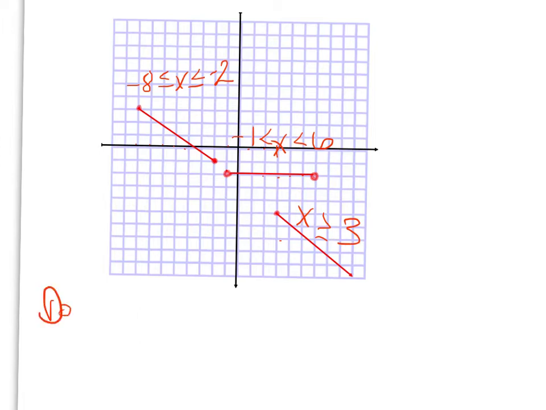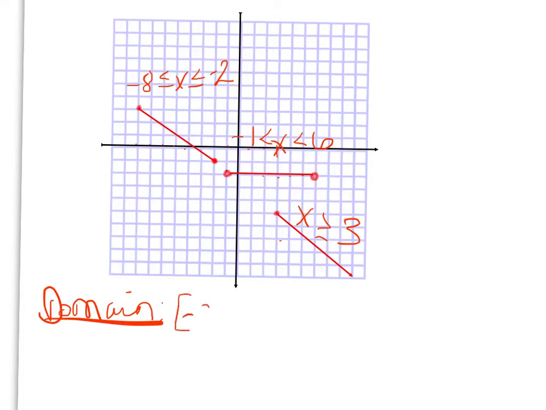So analyzing this to find my whole domain, it looks like I can have x values that are between negative 8 and negative 2. And then it also looks like I can have x values that are greater than negative 1 and anything greater than 3. So I'm going to go ahead and say that my domain is, and I'll use a bracket because negative 8 is included.